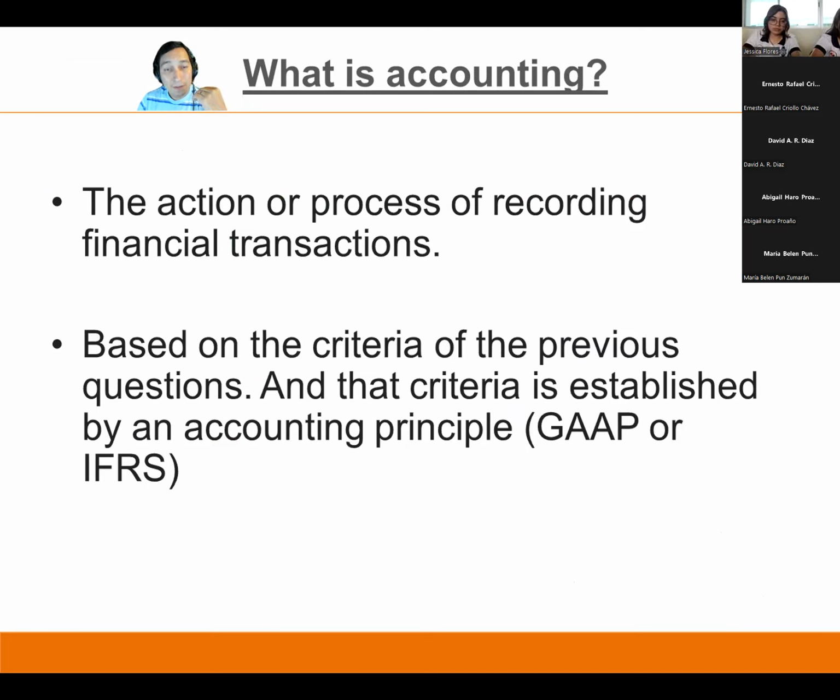These guidelines are known worldwide. IFRS, International Financial Reporting Standards. These are guidelines used all around the world. That's why you're learning this topic in English. And IFRS is the equivalent of knowing English in the finance culture, okay?